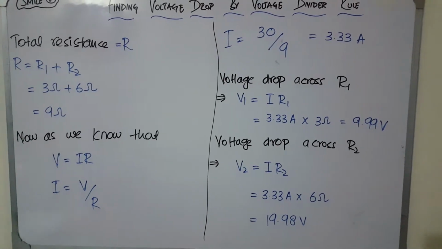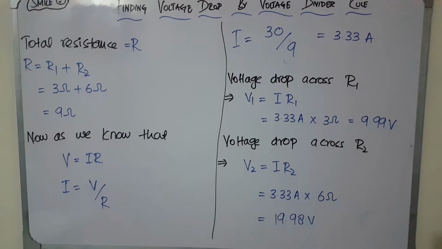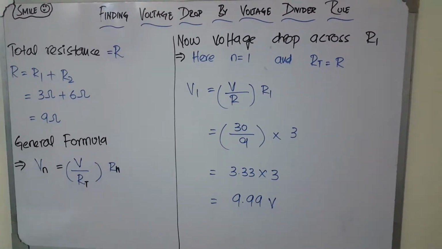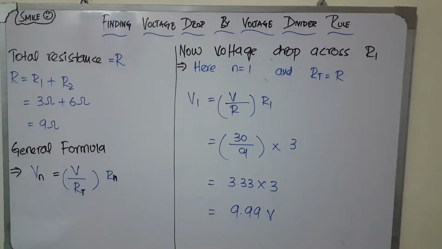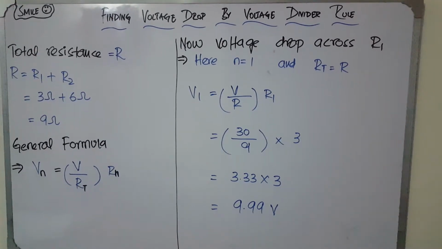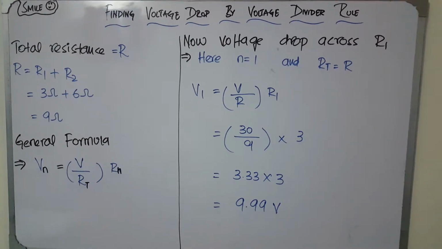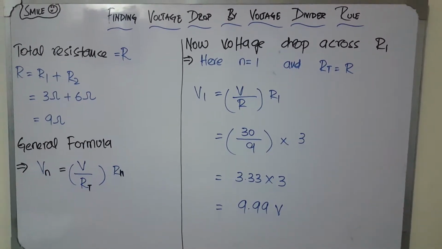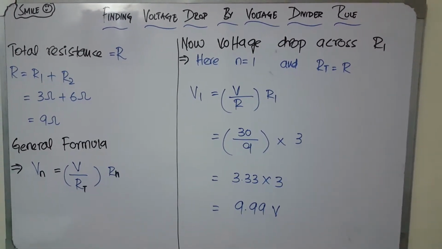Now what if we find it by the voltage divider rule? As the total resistance is the same, R equals R1 plus R2, 3 ohms plus 6 ohms, which becomes 9 ohms. The general formula for the voltage divider rule is Vn equals V divided by RT, times Rn, where n represents the number of the resistor for which we have to find the voltage drop, and RT is the total resistance.